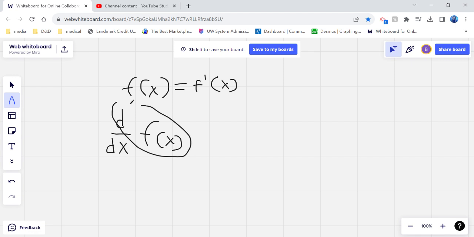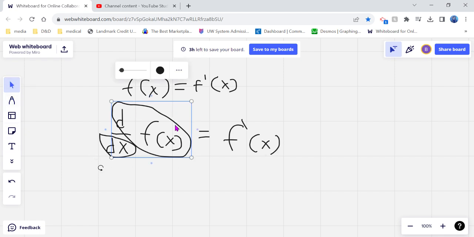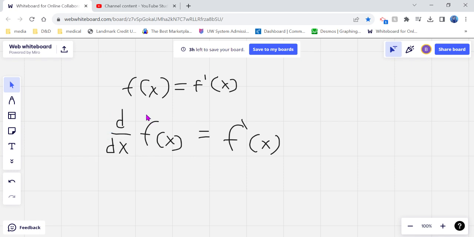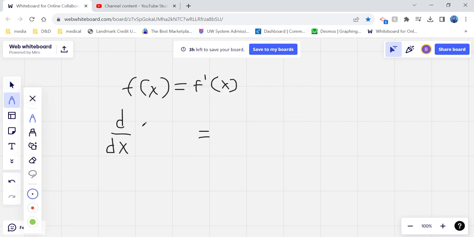Think of it as the small change in the function divided by the small change in x. That gives us the slope of a tangent line, right? So that just equals f prime of x. And sometimes, instead of even using f of x, they will use y as the dependent variable of a function.